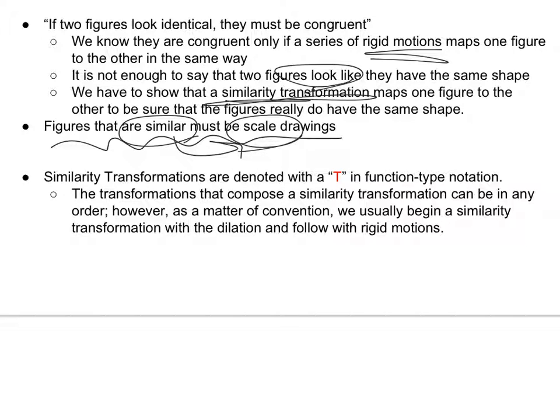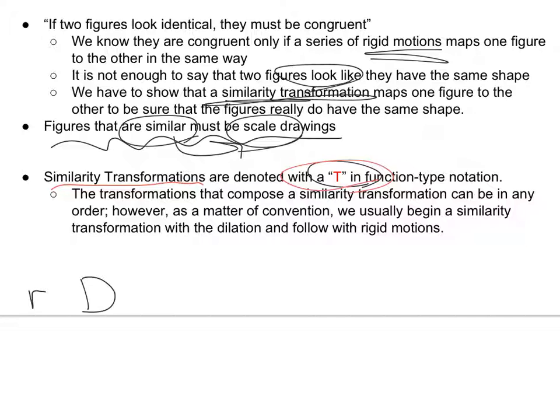And we have a new symbol. If you remember when we talked about rotations, we would have a little r, and for dilations, but we have a similarity transformation. We're going to use T just like the translations, but we'll have different little notations sort of subscripted, and we'll see that in a second. So similarity transformations are denoted with a T in the function type notation.